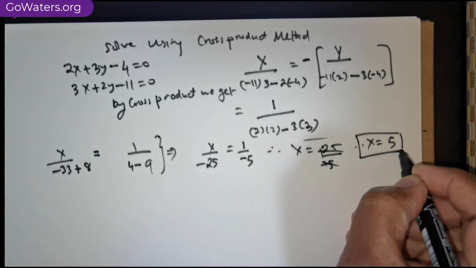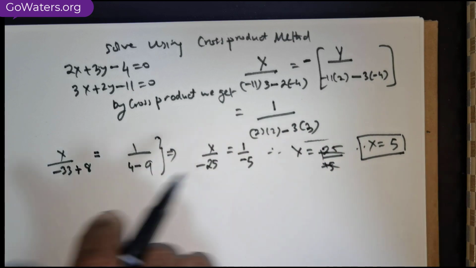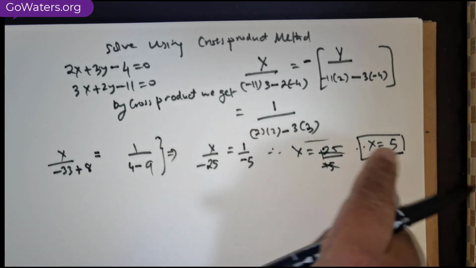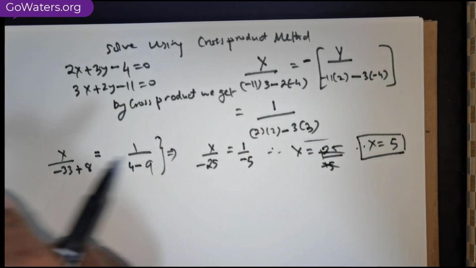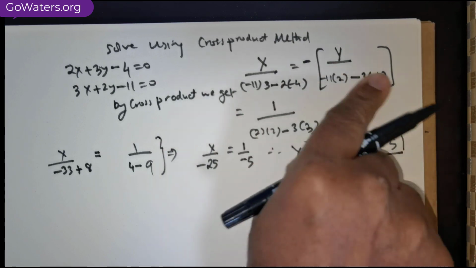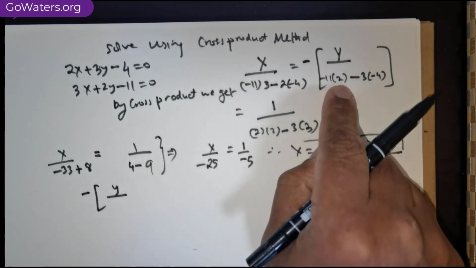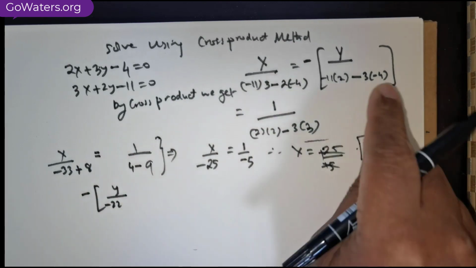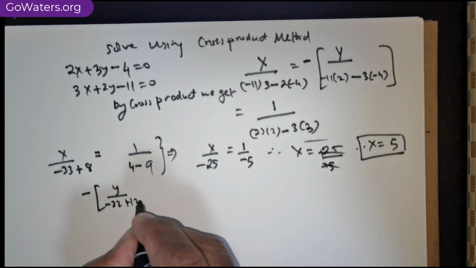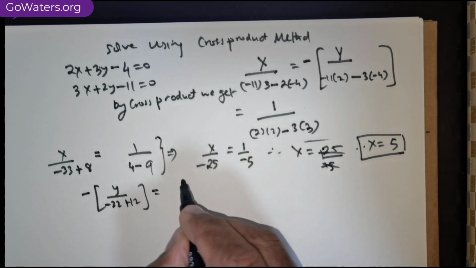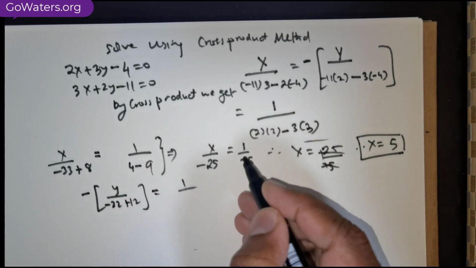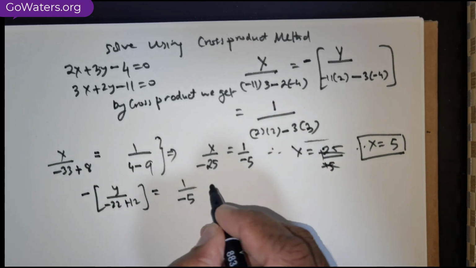So you can just substitute it there. Now having got the value of x, you can either substitute it over here to get the value of y, but I just wanted to use this system. So it's negative of y divided by negative 11 times 2, negative 22, negative positive, 4 times 3 is 12, is equal to 1 over this quantity we have already evaluated. That's negative 1 over 5.